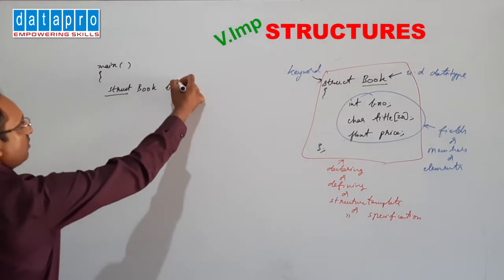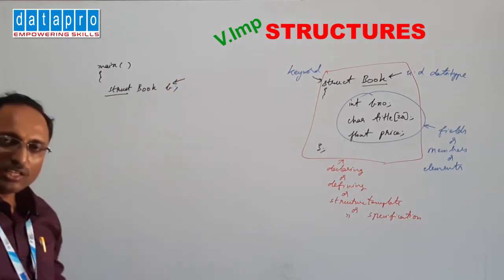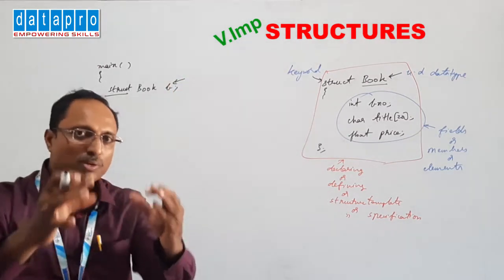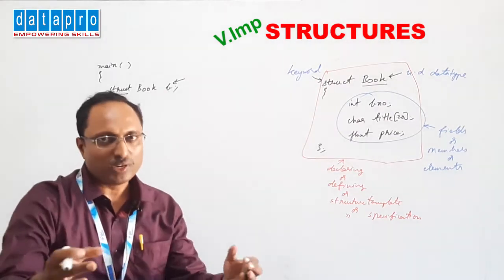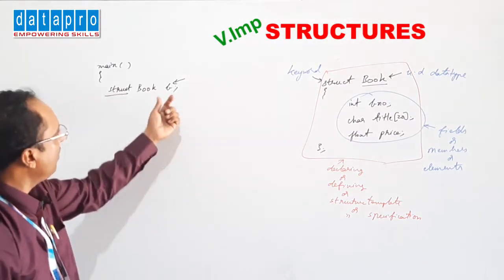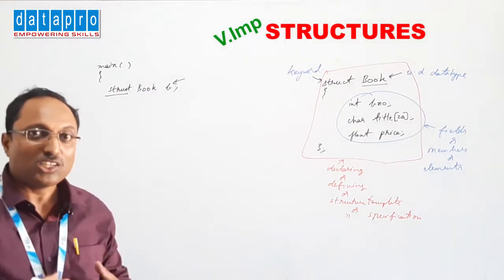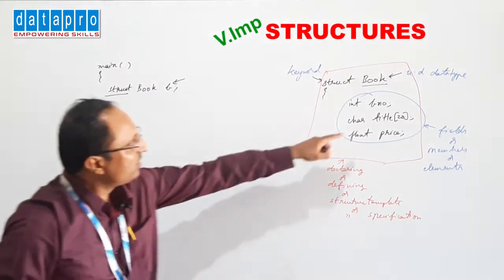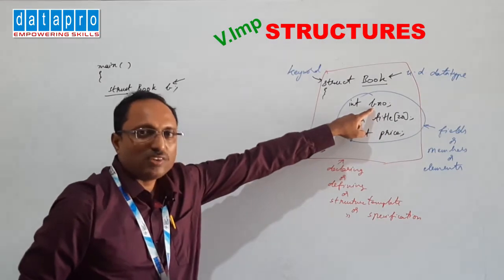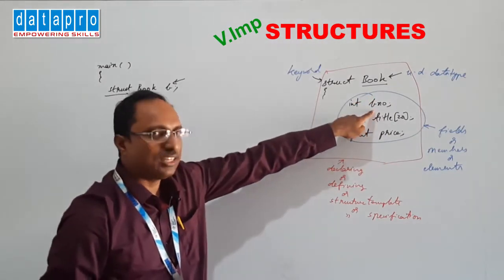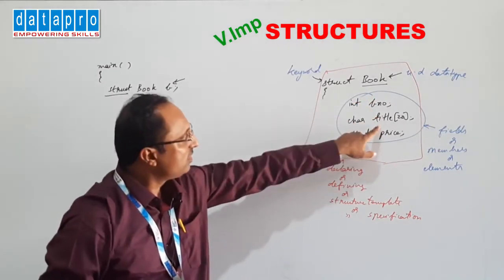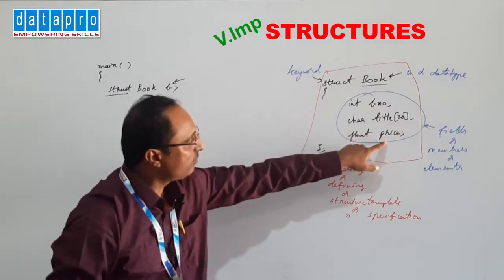Now you should know, for any variable some amount of memory is allocated. For integer say 2 bytes or 4 bytes. Similarly for b also some amount of memory is allocated. So how do you calculate it? Because it is a user defined data type. Look at the fields of the structure. Integer, say 2 bytes, title string 20 bytes, price 4 bytes.